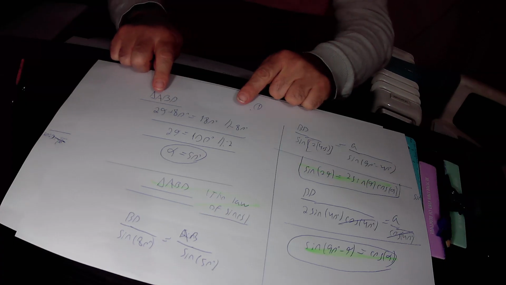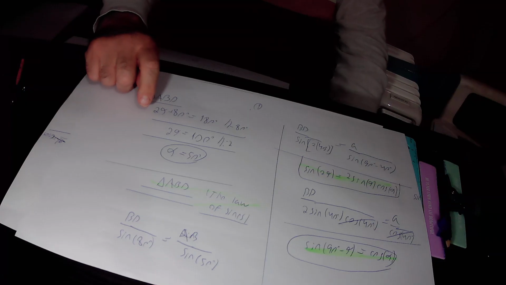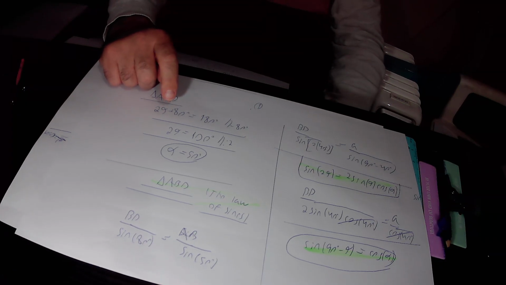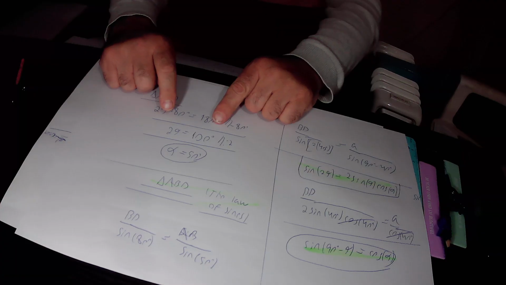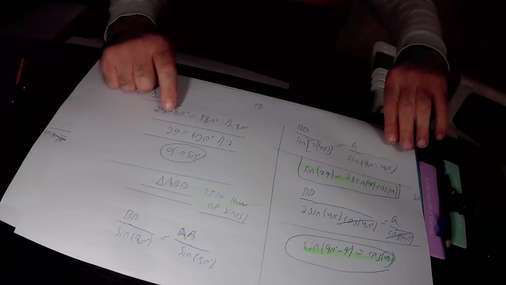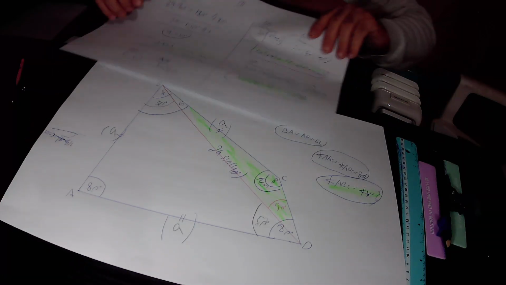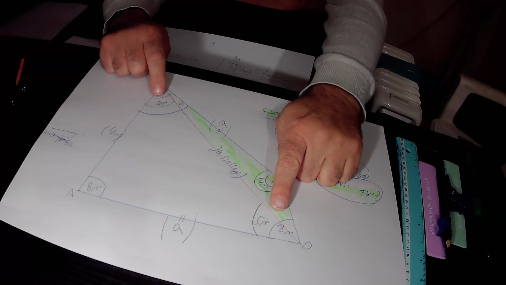Here we subtract 80 degrees and find that 2 alpha equals 180 degrees minus 80 degrees, which is 100 degrees. Dividing by 2, the missing angle alpha equals 100 degrees over 2, which is 50 degrees. So those two angles are both equal to alpha, and therefore each of them is equal to 50 degrees in size.